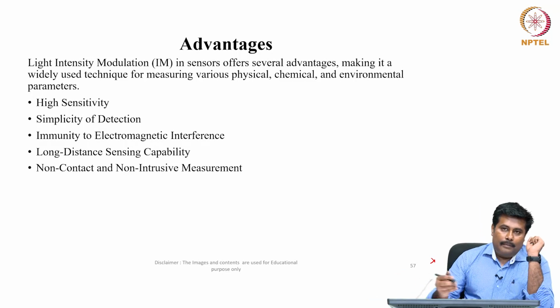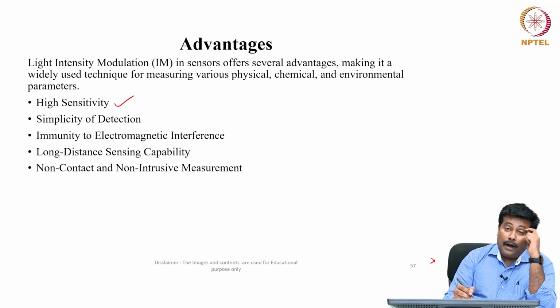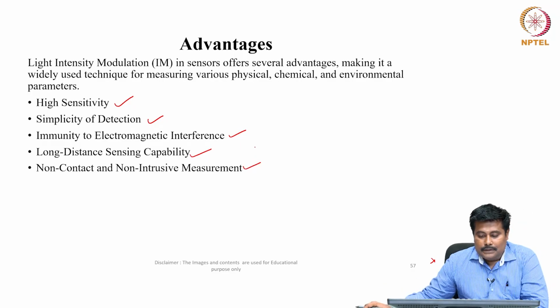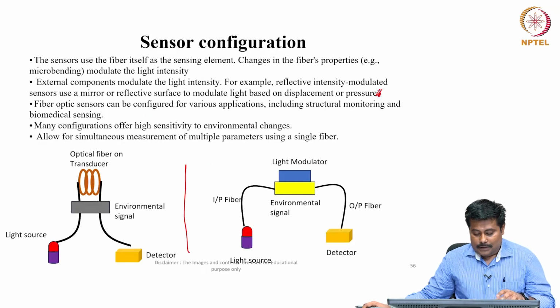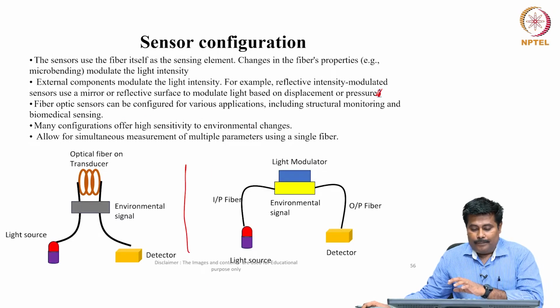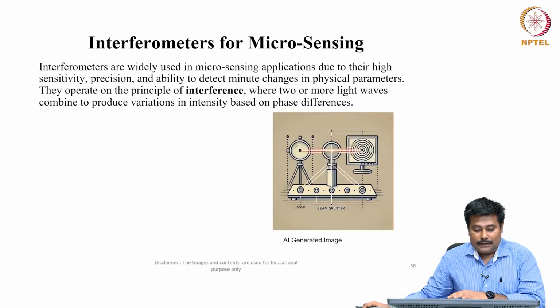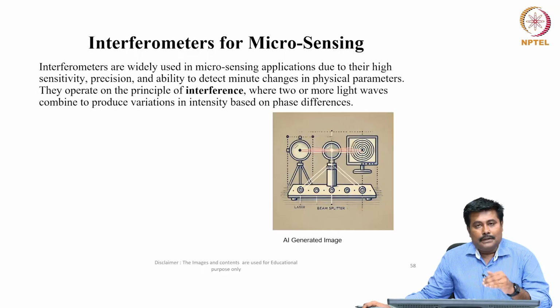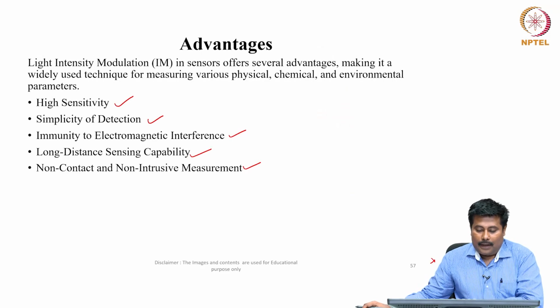Some of the key advantages include high sensitivity, simplicity of detection, immunity to electromagnetic interference, long distance sensing capability, and non-contact and non-intrusive measurements. Next we will be discussing interferometers for microsensing in the upcoming classes.